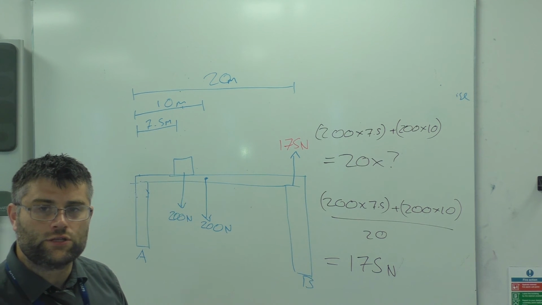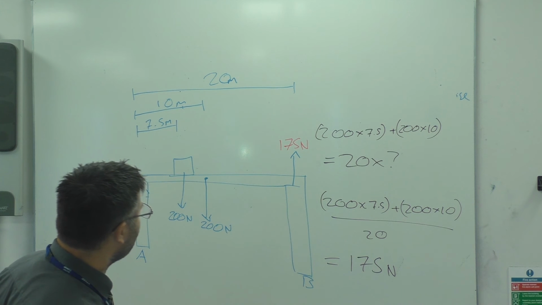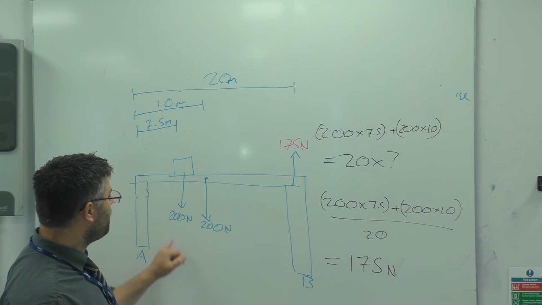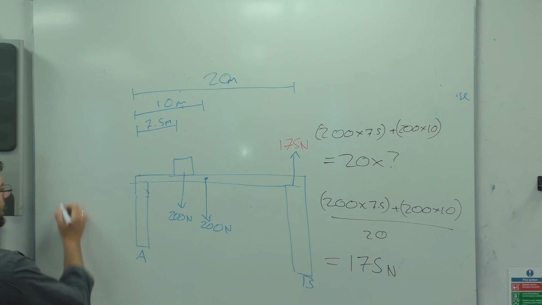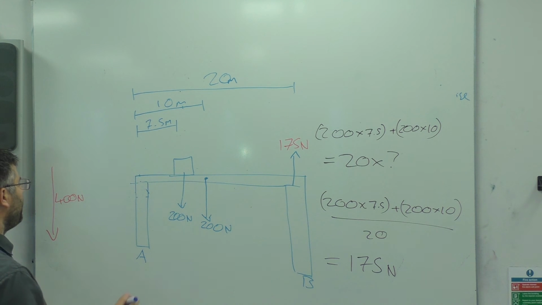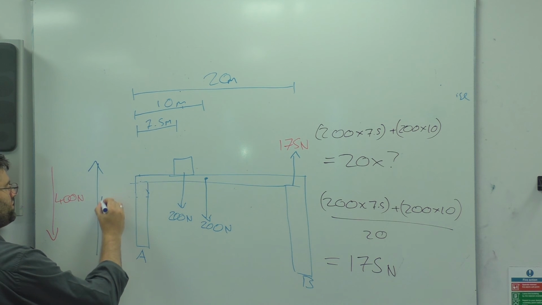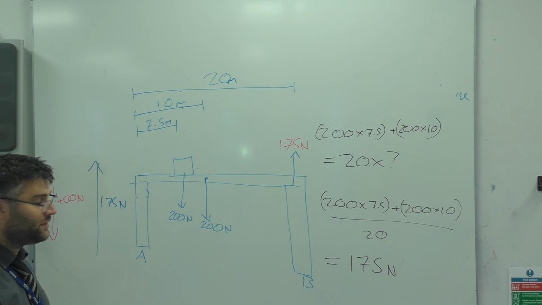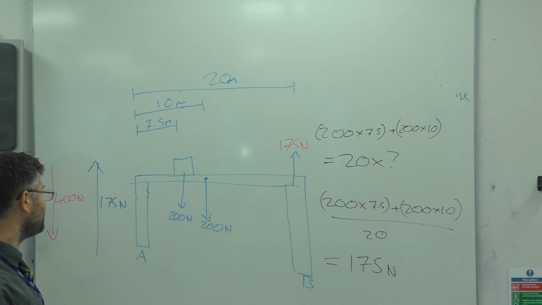Can we use the first rule? Well, if you look carefully here, net force has to equal 0. I've got 400 newtons down. And I have 175 newtons up. Great if you've already guessed it.